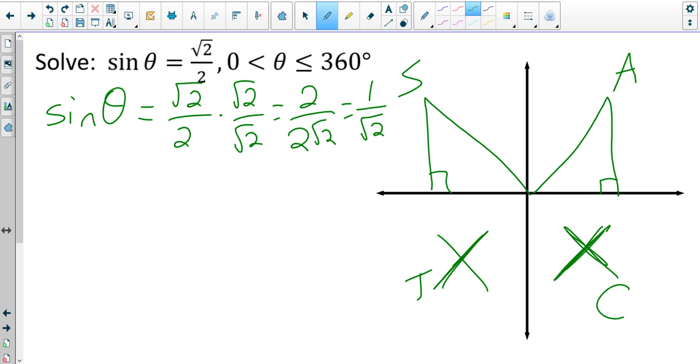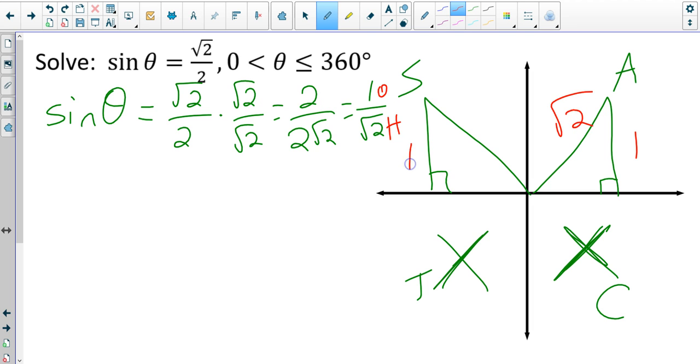If you just remember that when we originally did our right triangles in the unit circle, we had a square root of 2 on the bottom. We rationalized it and came to this answer. We're just doing the reverse of it. So we want to label our opposite and our hypotenuse. So our opposite is 1. The hypotenuse is the square root of 2.